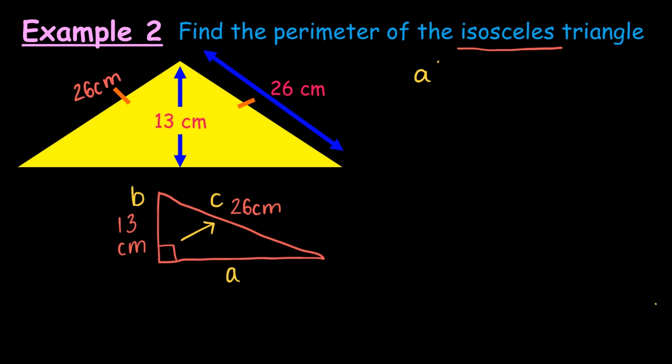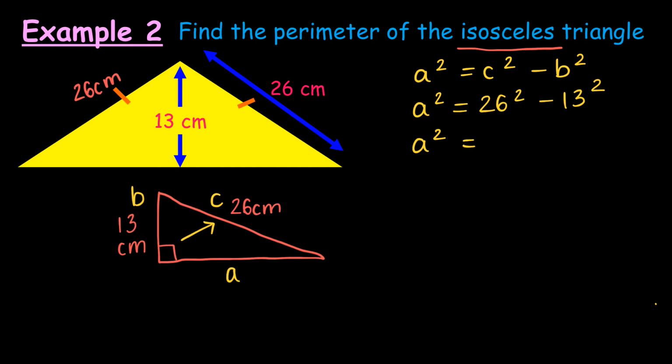So if we go to the formula, A squared equals C squared minus B squared. Just going to keep it as A squared. We don't have another letter to put in place of it. A squared equals 26 squared minus 13 squared. Work that out in your calculator, and that gives you 507.